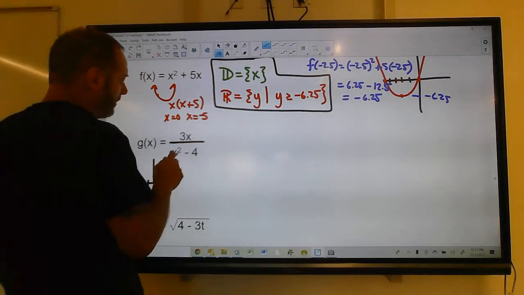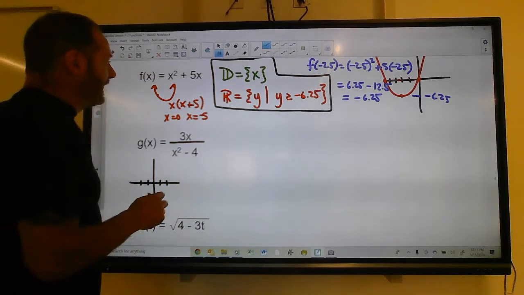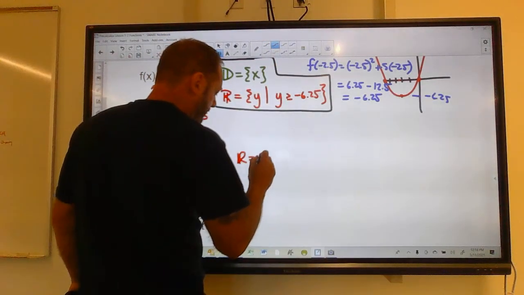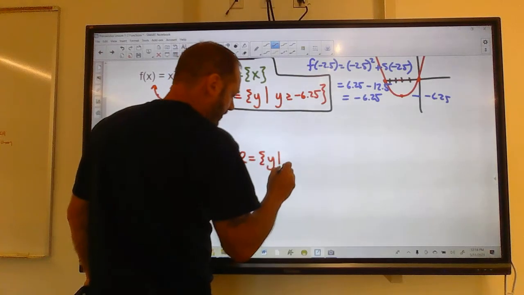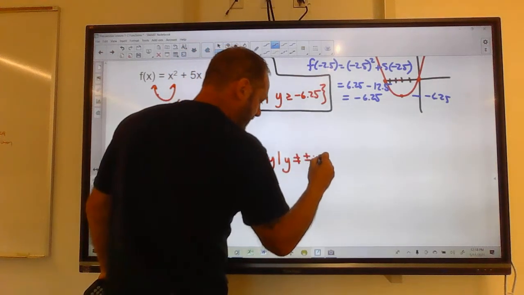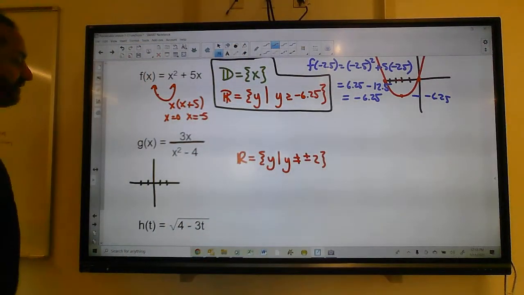So what makes this 0? 2 and negative 2. So the range is all the y's where y is not equal to plus or minus 2. Okay, denominators can never be 0.